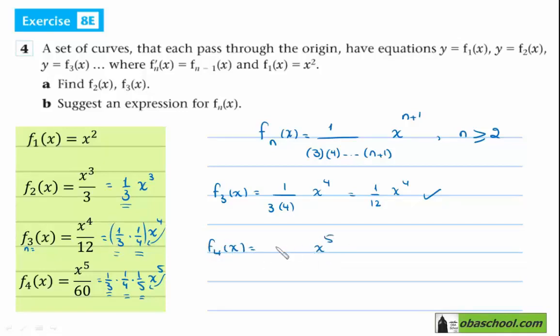We have x to the power n plus 1, 4 plus 1, 5, multiplied by 1 over 3, multiplied by 4, multiplied by n plus 1, that is 5, which is the same as the calculated one previously. Therefore, we can say now that the suggested function is valid and true for n larger than or equal to 2 and for the given f1 of x equal x squared.